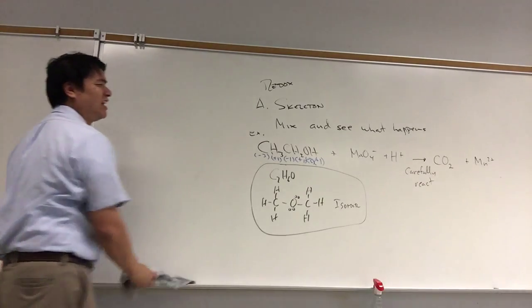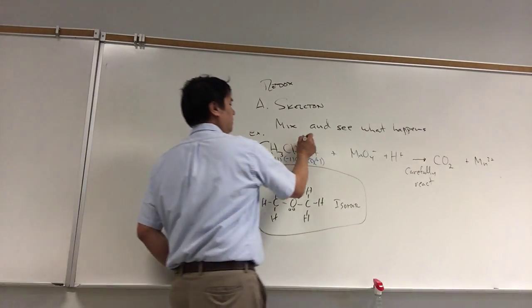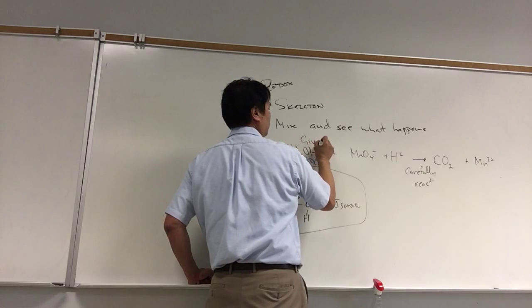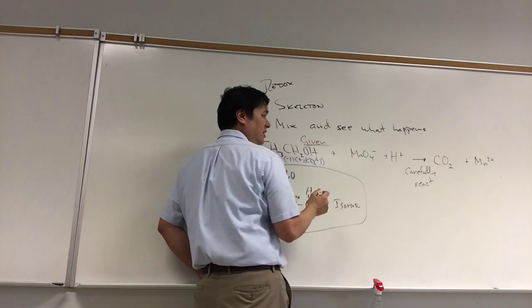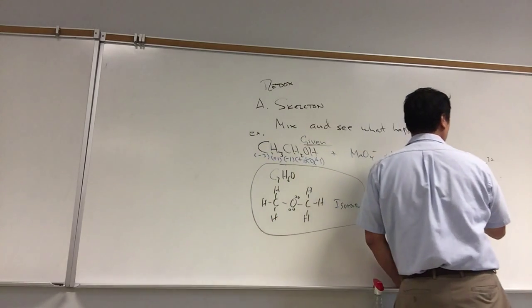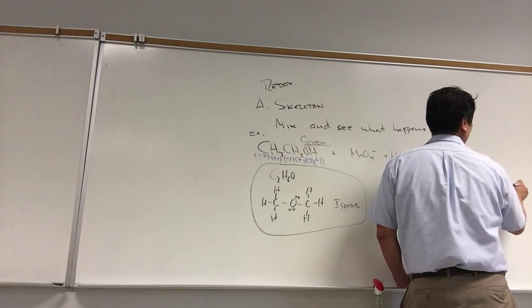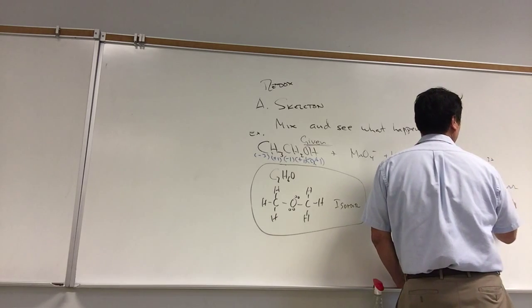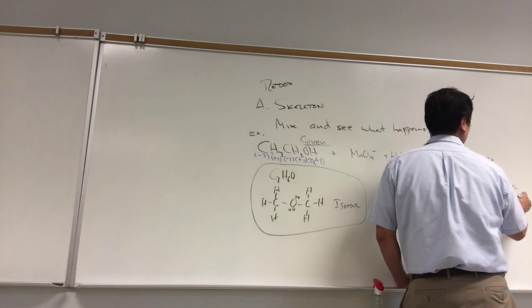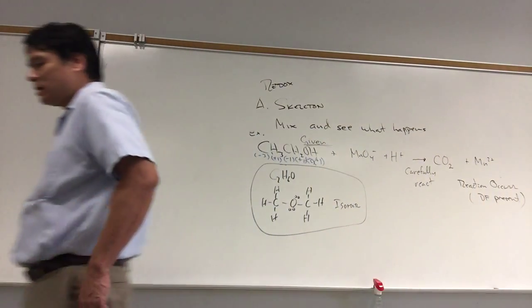What's the first step in balancing a skeleton redox? This is given. The reaction did occur, and these were the major products. If a reaction occurs, that means a driving force is present.